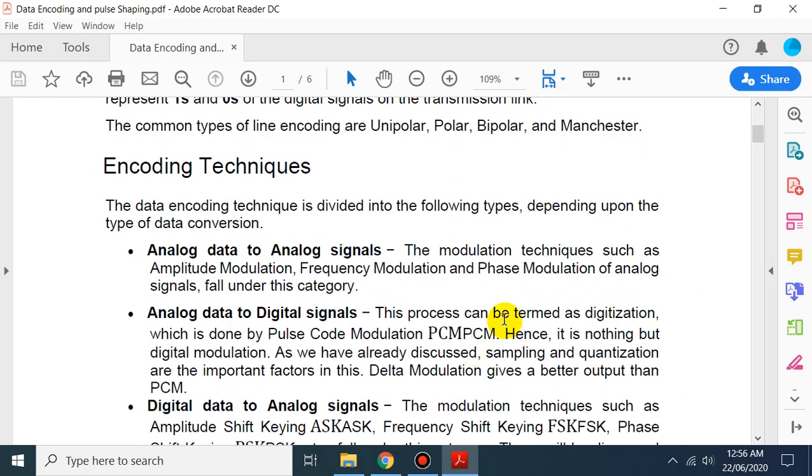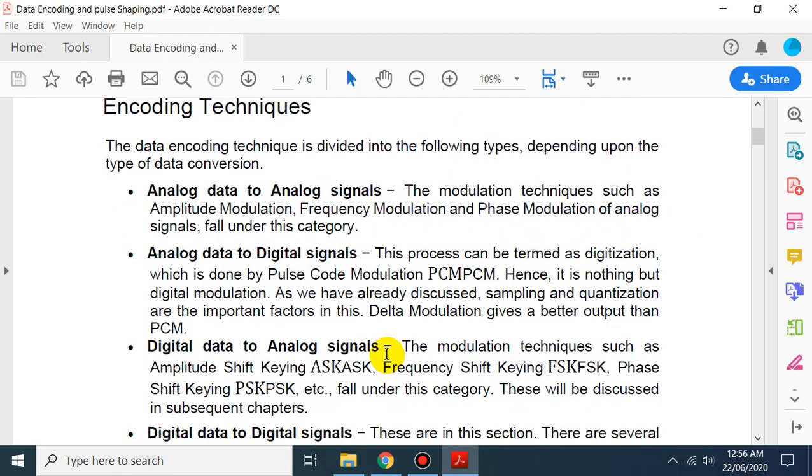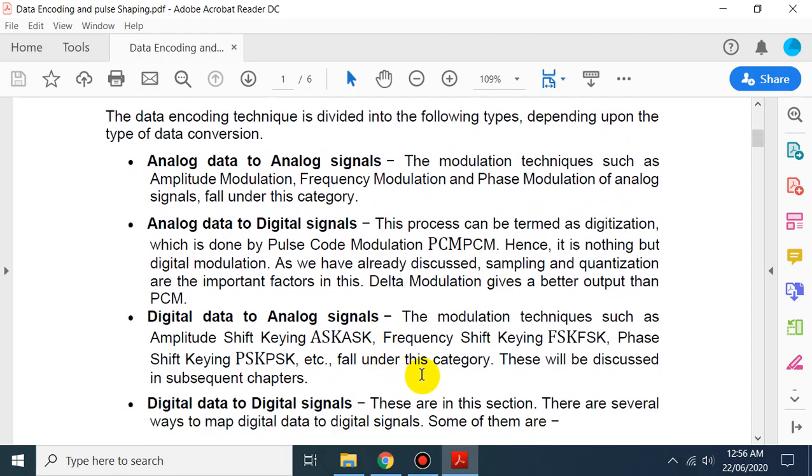You already know what drawbacks we went through in PCM, and then we moved on to another scheme called delta modulation. So these modulation types are the basic examples of the conversion of analog data to digital signals. Now, there is the third type, where we convert our signal from digital data to analog signals.